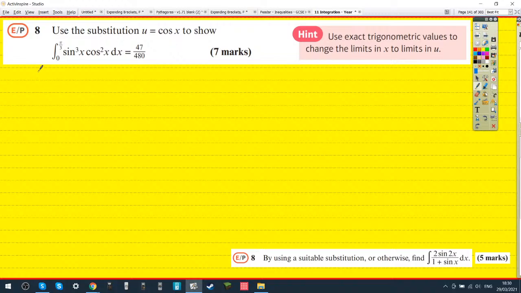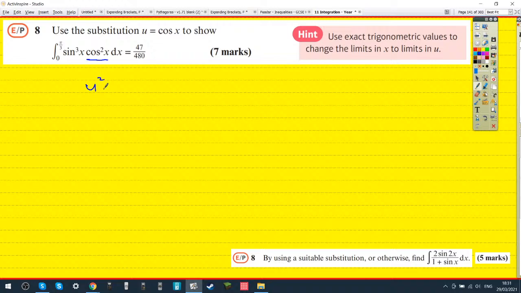So do I need to change it? Do I need to make sine cubed x equal to cos squared x? Well, they're not the same. So let's say cos squared x, what can you replace that with? u squared.